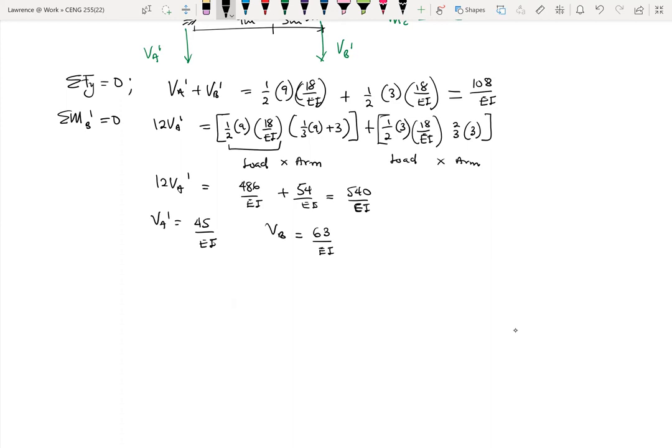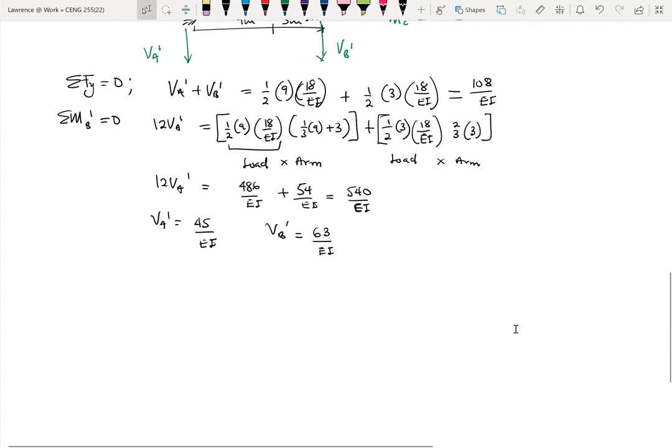So one thing to note is that since our shear forces, VA prime and VB prime, are positive, it also indicates that the slope is counterclockwise.